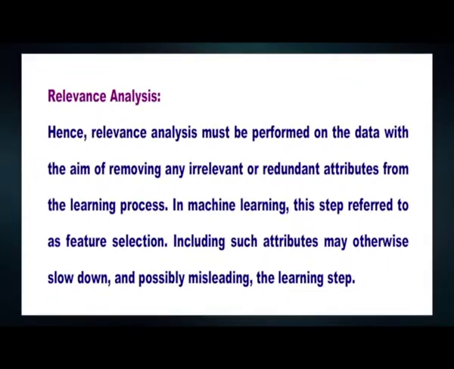Hence, relevance analysis must be performed on the data with the aim of removing any irrelevant or redundant attributes from the learning process. In machine learning, this step is referred to as feature selection. Including such attributes may otherwise slow down and possibly mislead the learning step.